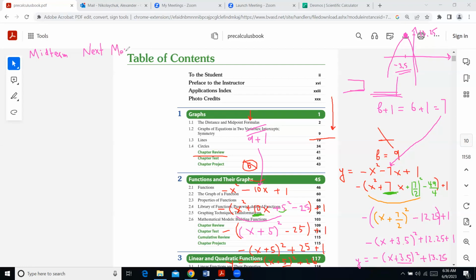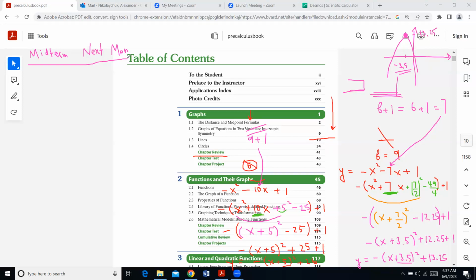I will email it to you first thing Monday morning, and I will wait for you to email me your midterm solutions. And if I don't receive it sometime Monday night, I will send you a reminder email that I need to get your midterm.